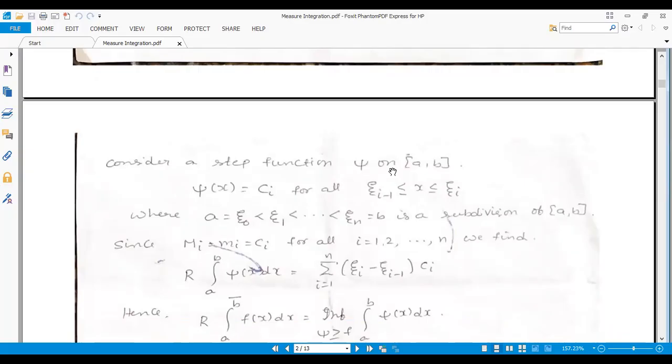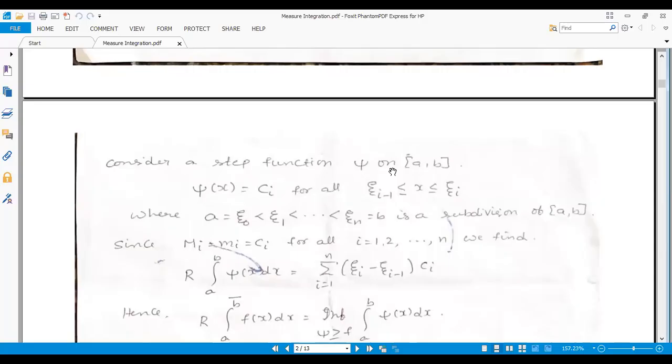We can make it into a Lebesgue integral. In the Lebesgue integral definition, we need some prerequisites. You already know some of the things related to the simple function. In measurable functions, we discussed the simple function. What is a simple function? A function is said to be simple if the range of the function is finite.